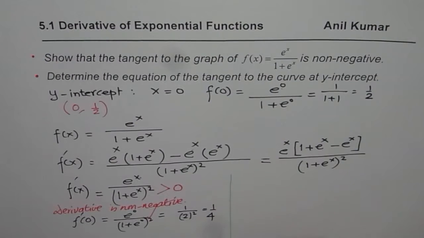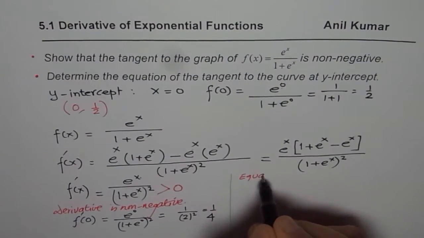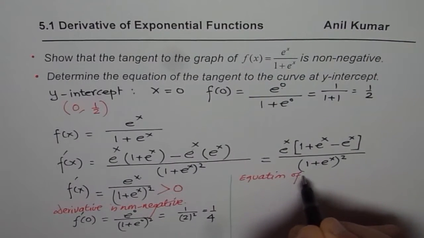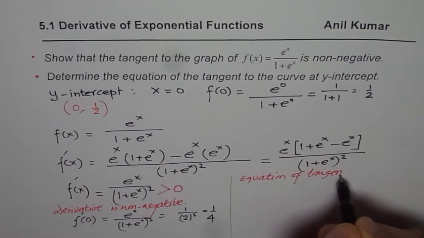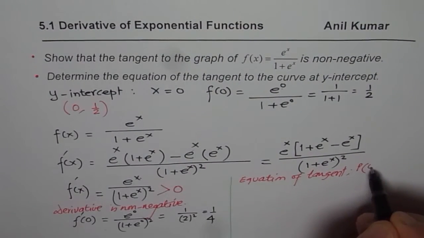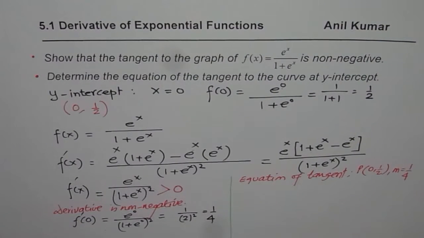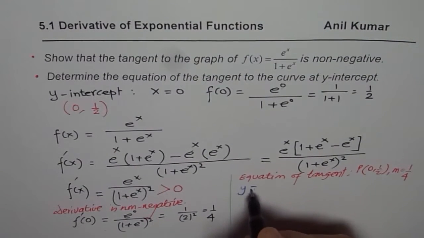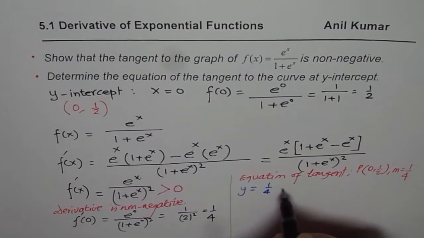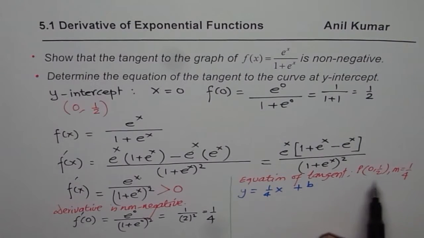So what is the equation of the tangent line? Let's find the equation of the tangent line, right? What we have here is a point. Let's say the point is the y-intercept, which is 0, half, and we also know the slope is 1 over 4, right? So that is what is known to us, and therefore we can write this equation as y equals slope of 1 over 4 x plus b. To find b, we will substitute the point itself, which is 0, half.